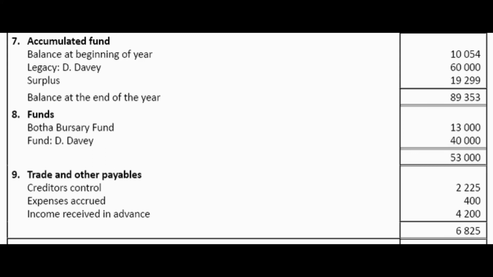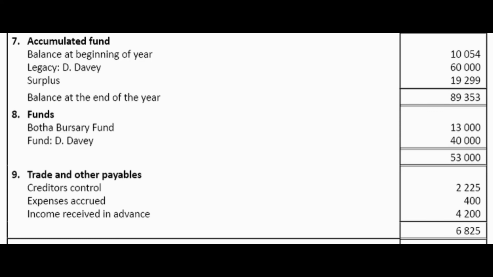Okay, and then we get to the accumulated fund account. The balance at the beginning of the year was that 10,054, and then you'll see there is a 60,000 that was supposed to be entered in that account. I just want to tell you, under the Chekhov counter force number 8, where they said you must invest that 40,000, they say conditions of the estate stipulated that 40,000 had to be invested, and then the balance of the money had to be capitalized.